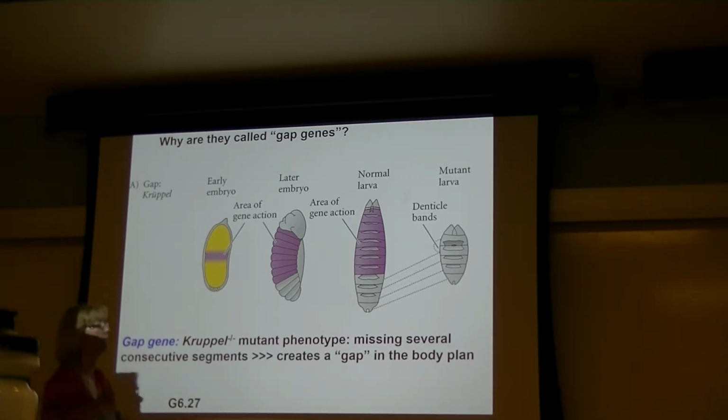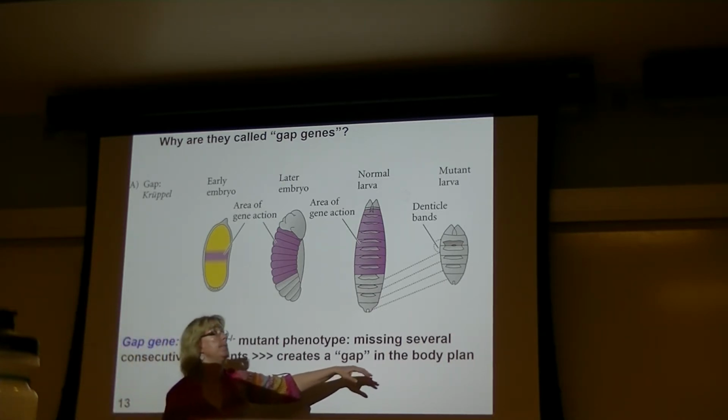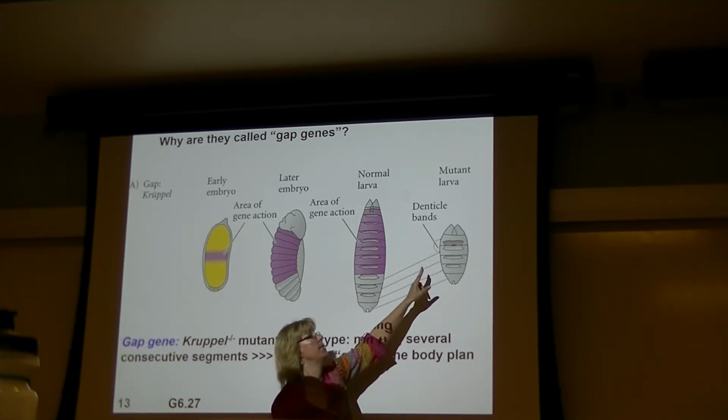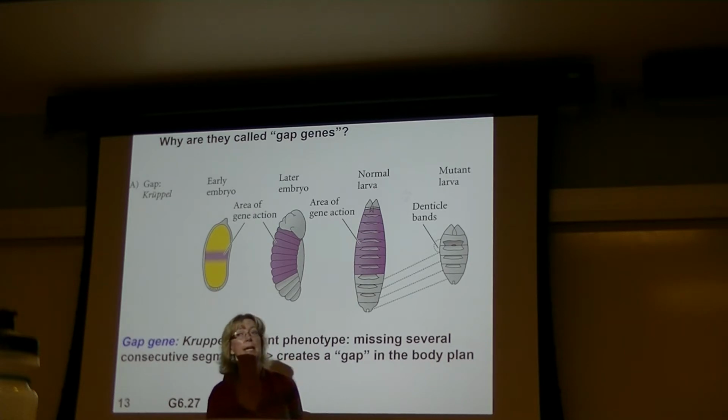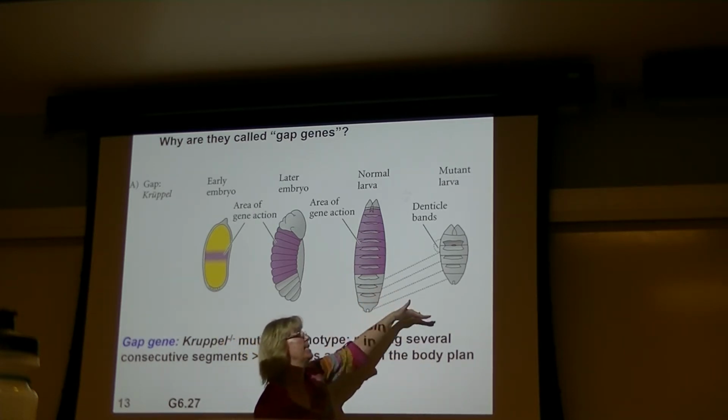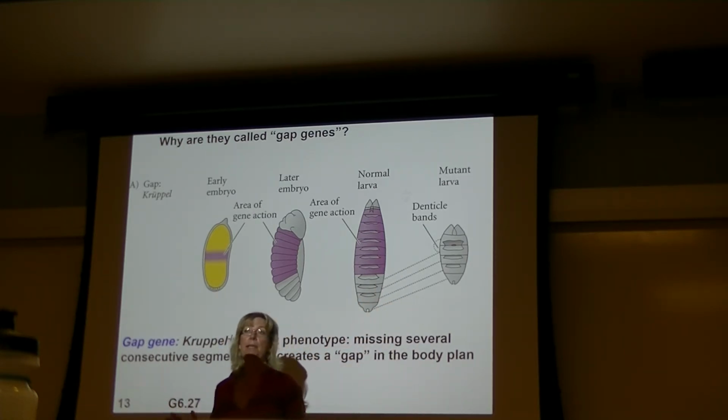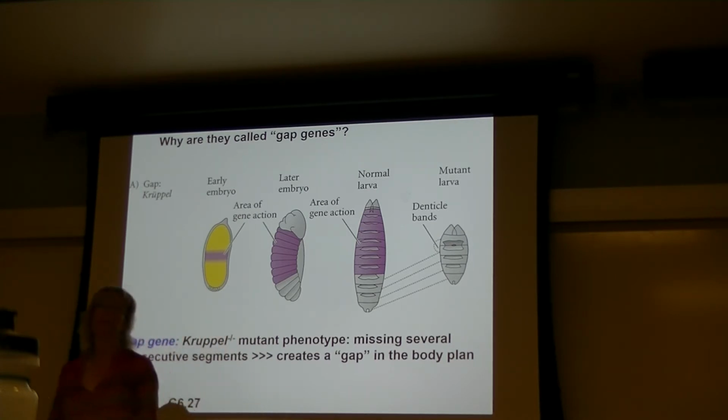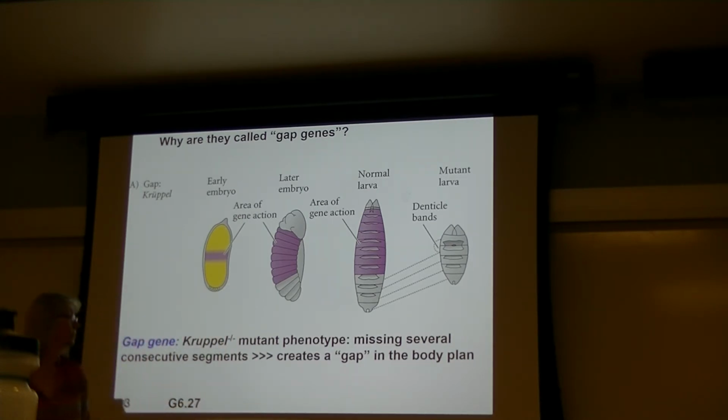So this creates a gap. We still have some acron tissue right at the very top, and maybe segment number 1, but then we're missing a bunch of segments, and then we pick up with the reappearance of the most posterior segments. So there's a gap in the body plan, and genes that can mutate to produce this phenotype are called the gap genes.